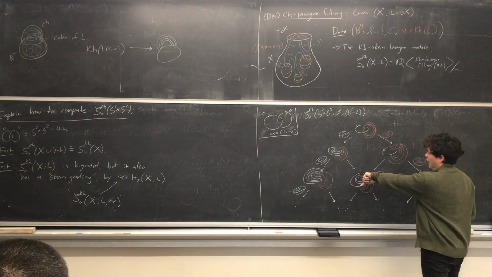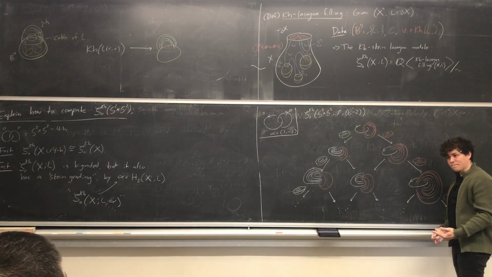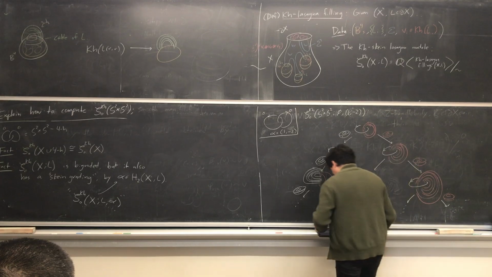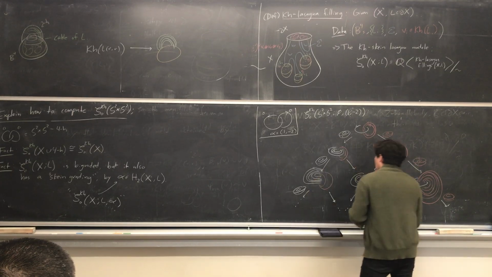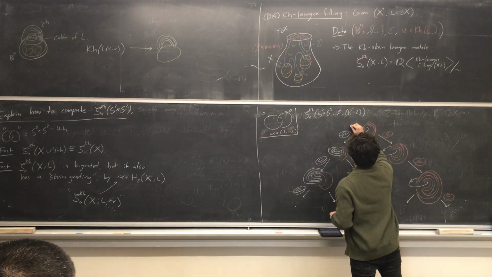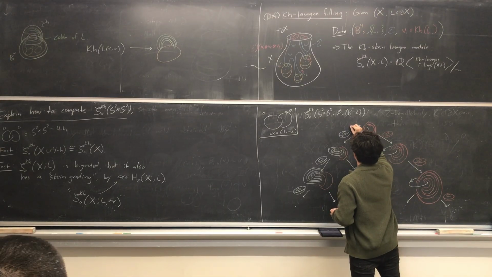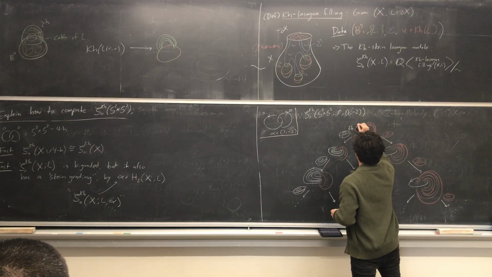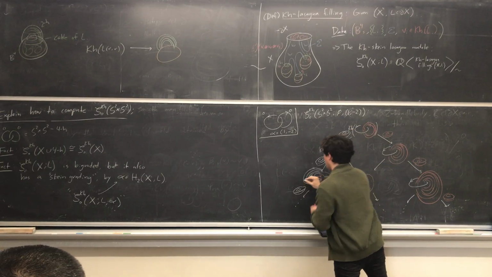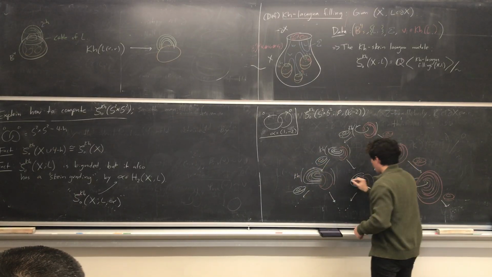Anytime I'm going that way, I'm spawning strands on the left. If I'm going this way, I'm spawning them on the right. Diagrammatically, each one of these pictures represents the Khovanov homology group of that link.